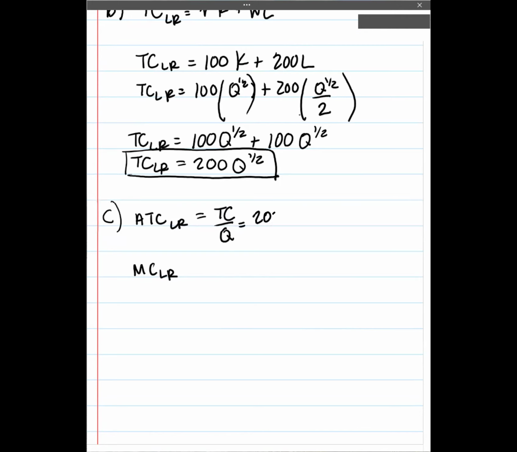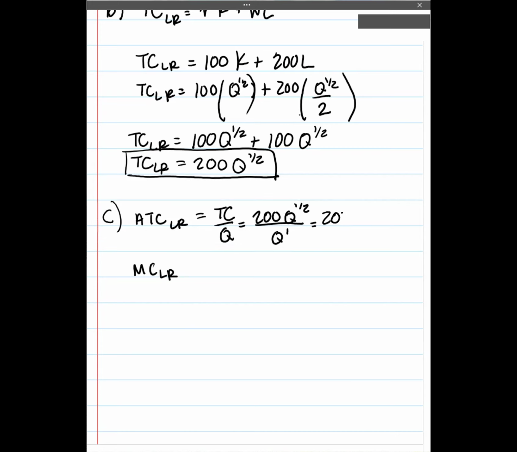So we'll have 200 times quantity to the 1/2 power, all over output. Because we have quantity in the denominator and in the numerator, we can use the properties of fractions, and subtract the exponent of quantity in the denominator from that in the numerator.